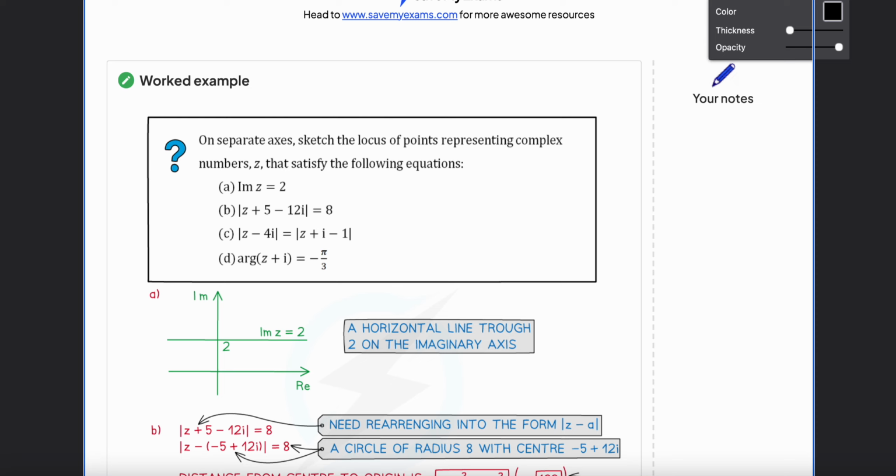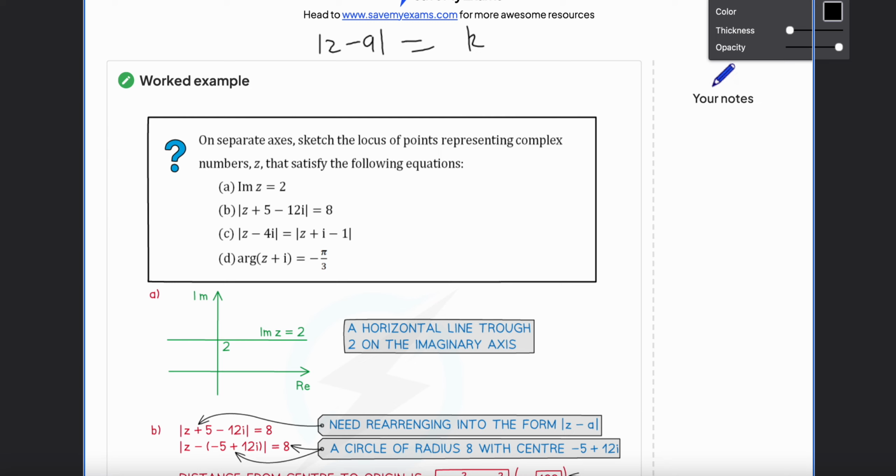And then the second part, we have modulus of z plus 5 minus 12i is equals to 8. So I need you to take note of this. When we did our example, we had modulus of z minus a is equals to k. But now, in this problem that we want to solve, it's not exactly in this form, because I am expecting a z and then minus the complex number, but I have a z and then plus the complex number, right?